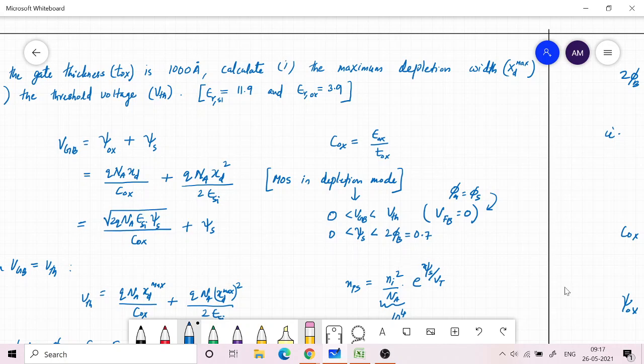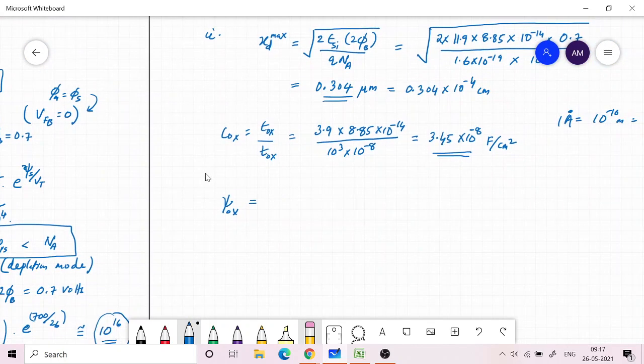It was QNAXD by Cox. So let me take that expression, QNAXD by Cox. Okay, so everything is known to us. Q is basically 1.6 into 10 raised to minus 19, into Na, which is basically 10 raised to 16 per centimeter cube, into XD max.